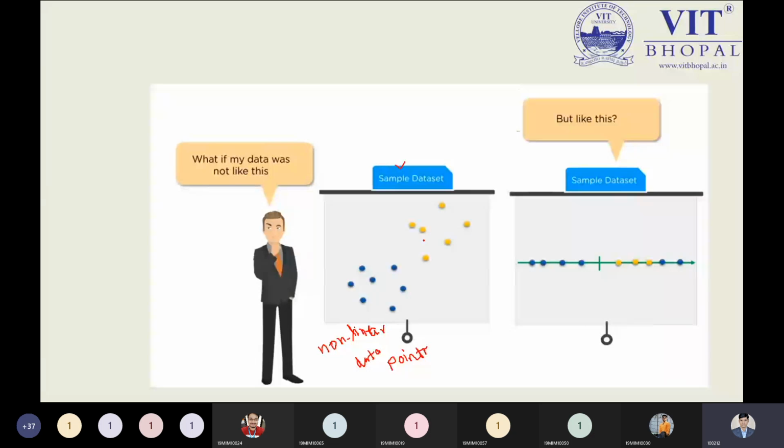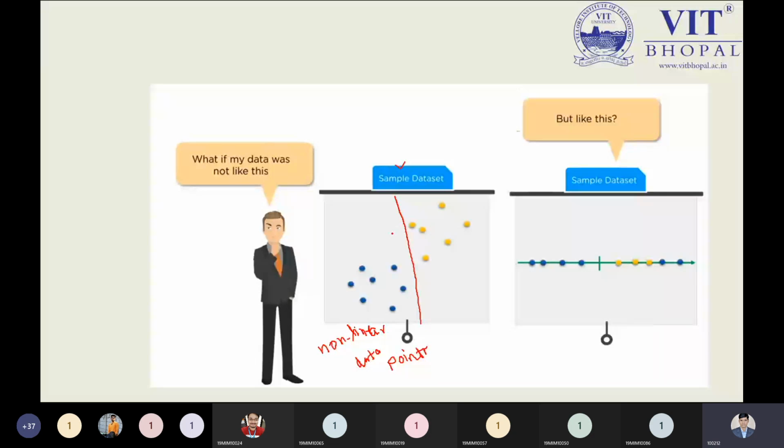Can I say this is a non-linear data point or no? Just say yes or no. Yes, sir. Yes. Okay, so if these are non-linear data points, then you can decide a hyperplane like this one.